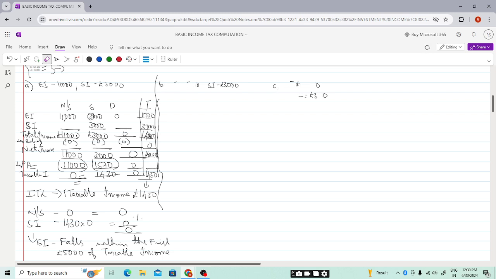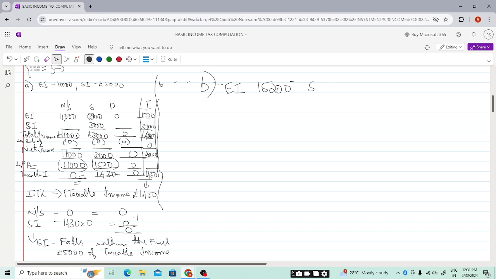Now we need a little bit more space so that we can perform the calculation and present it properly. For section B and section A, you need not present your answer, only you need to calculate and give your answer. So for the B part, what was our employment income? Non-saving income was 15,200.